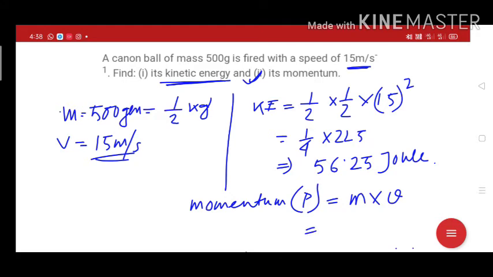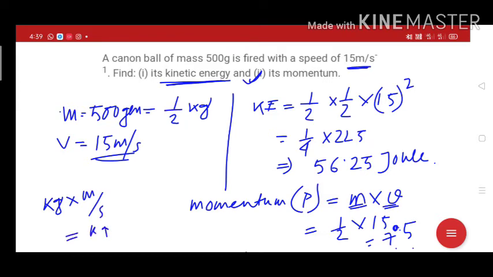So mass is 1 by 2 and the velocity is 15, and that is going to be 7.5. And what is the unit for the momentum? Mass into velocity. That means mass is in kg and the velocity is in meter per second, so the unit will be kg meter per second. So we will write kg meter per second.